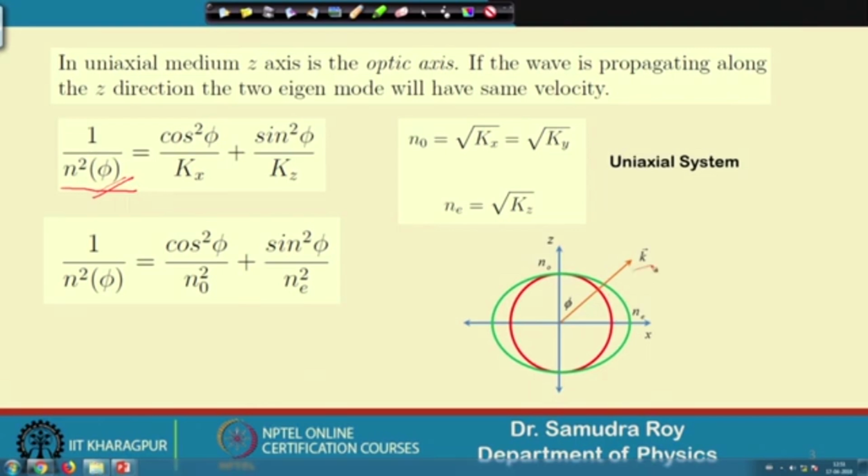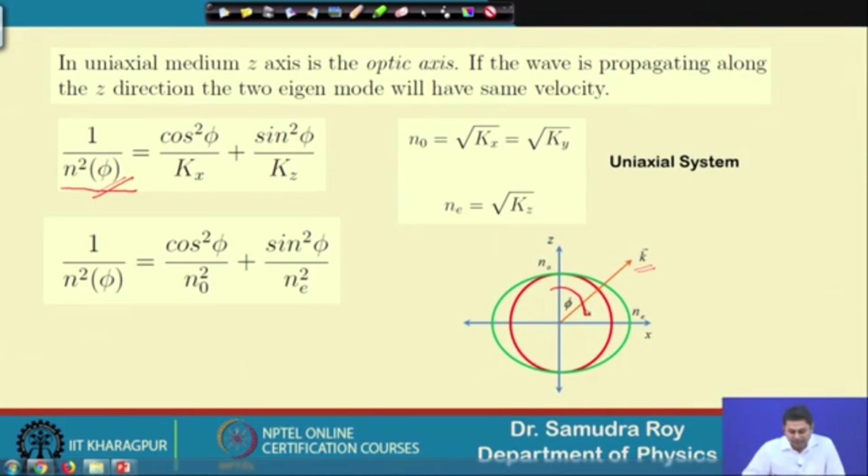The k vector makes an angle phi with respect to the z axis, and we mentioned that z axis is the axis along which the wave is propagating, and if the wave is propagating in this direction, then the refractive index for ordinary and extraordinary ray will be the same.